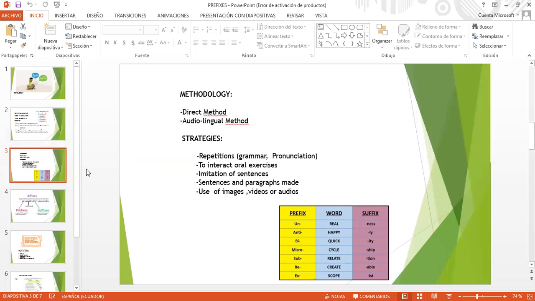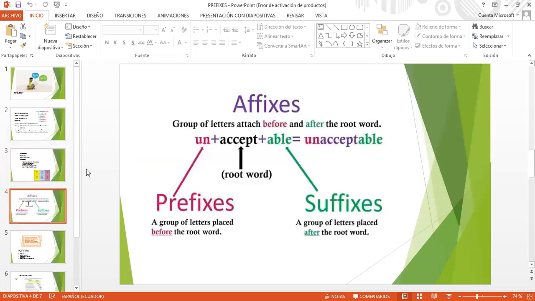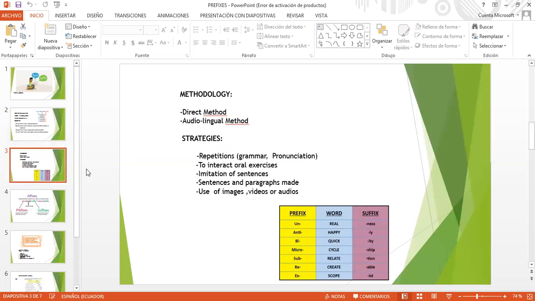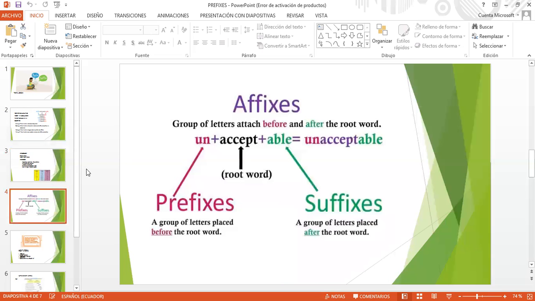So, before starting with the explanation, like an anticipatory set, students will know they must have a clear understanding of prefixes and suffixes. But often these concepts are kind of difficult to teach, you know?